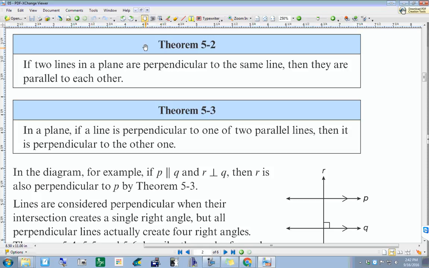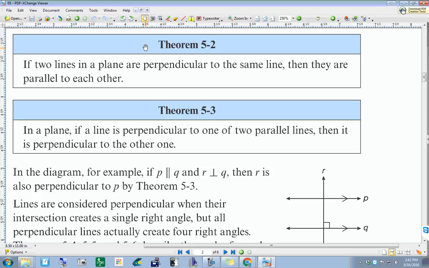Yeah, because these are all square corners, so they have to be perpendicular. So if they're perpendicular to the same line, then they're parallel to each other. This only works when we're talking about perpendicular and parallel, and perpendicular and parallel usually goes along with squares and rectangles, right?